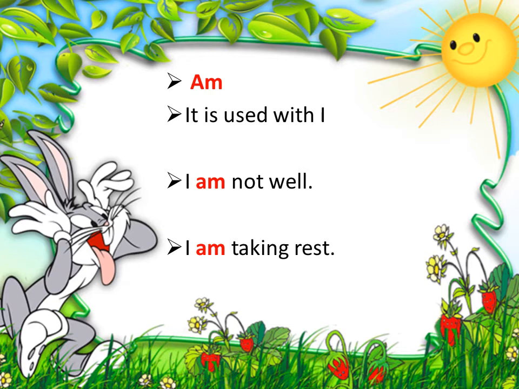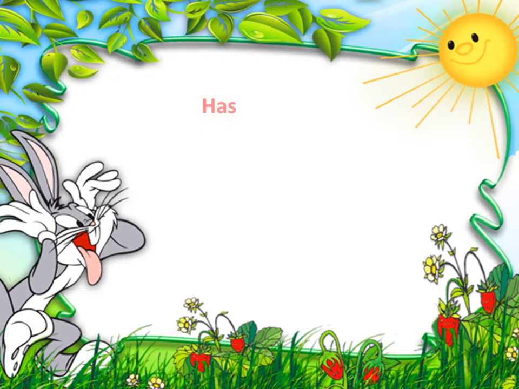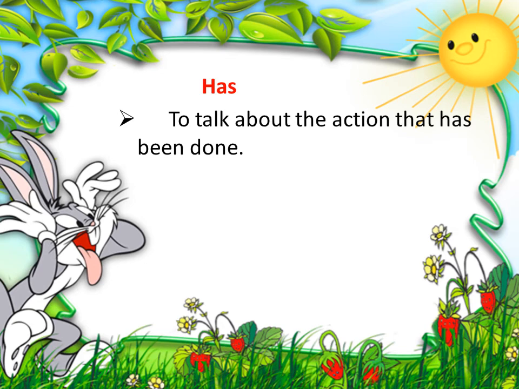Next one, has. So what is the use of has? Has is also used with present time to talk about the action that has been done in present time. अभी अभी कोई वर्क हुआ है in present time. So to talk about that action we use has. How? The glass has broken. एक ग्लास मुझसे टूट गया है.